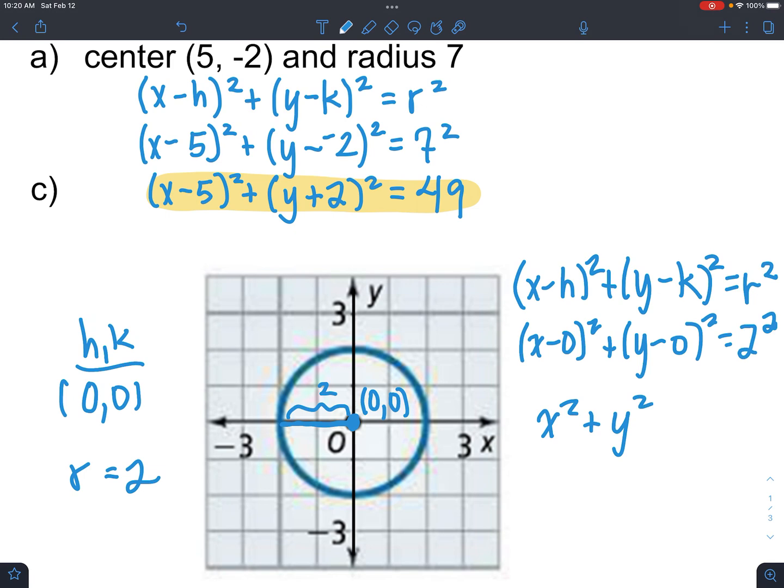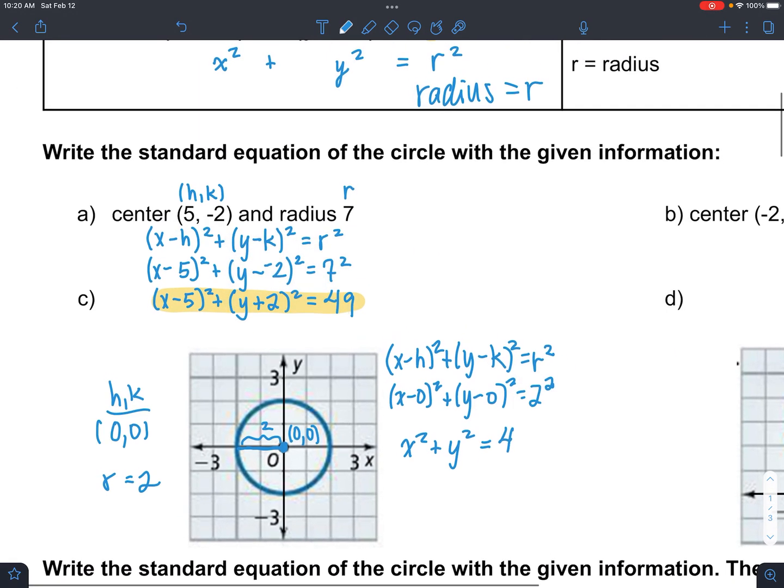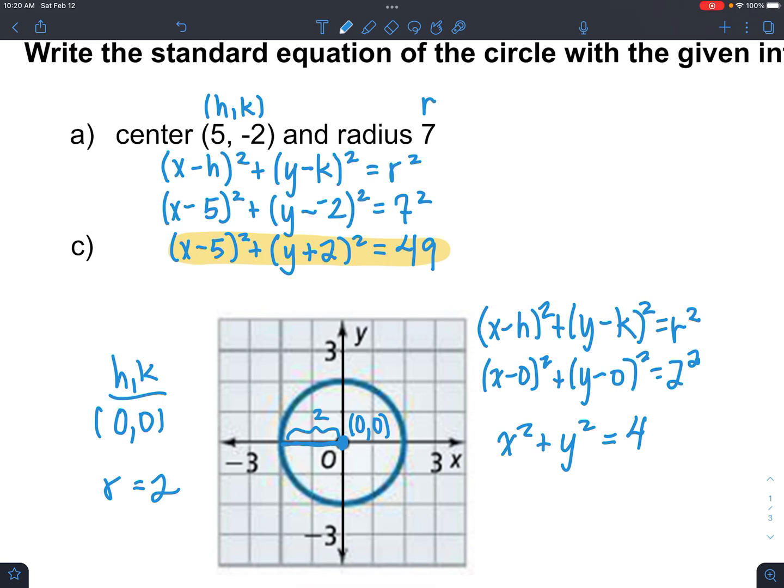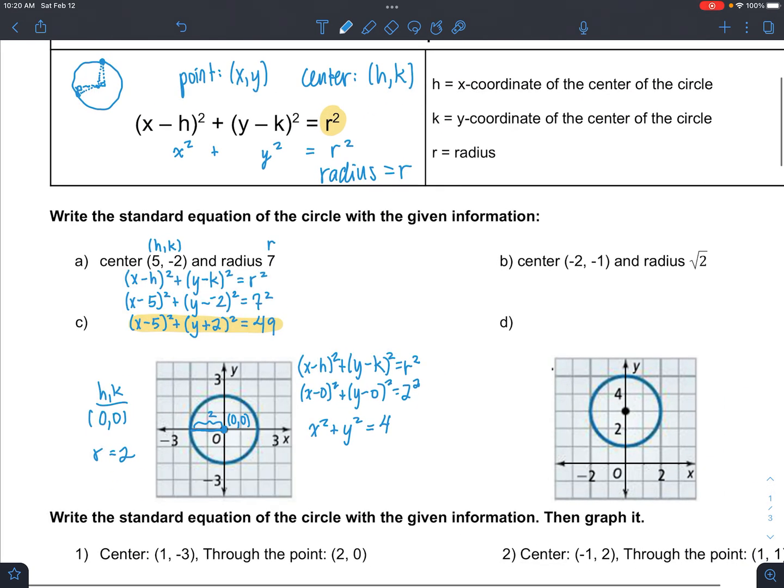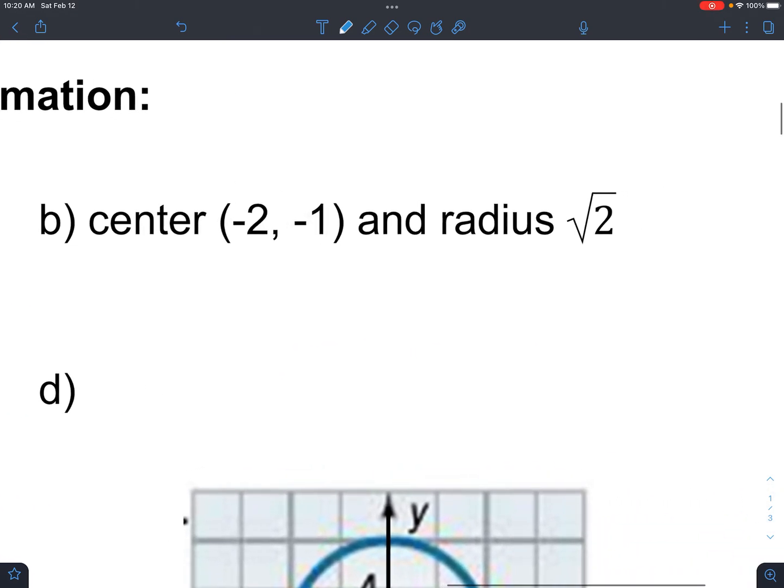You can stop there, but if you want, you can subtract the zeros and square, and that's our simplified answer. So when it's just x squared plus y squared, that means the center is at (0, 0), which is actually normally the case.